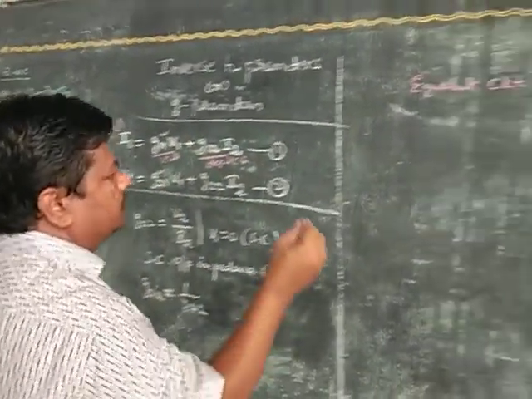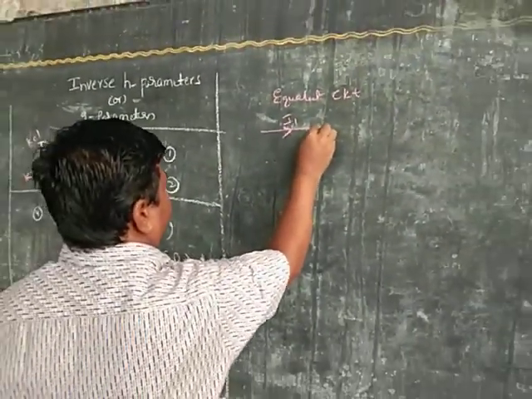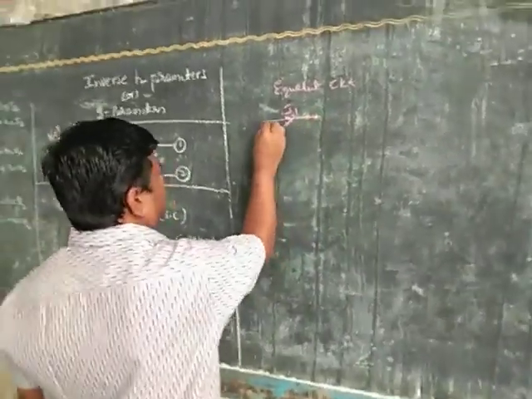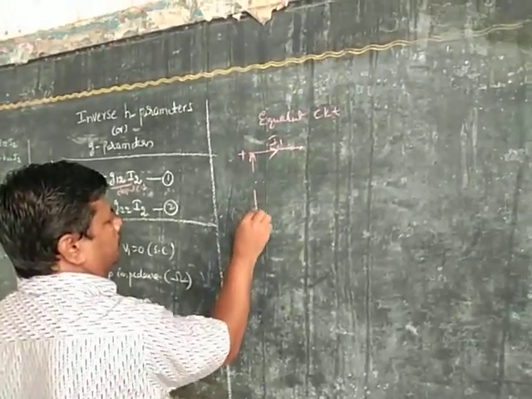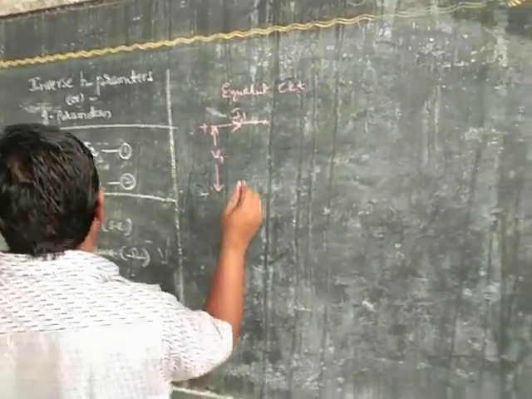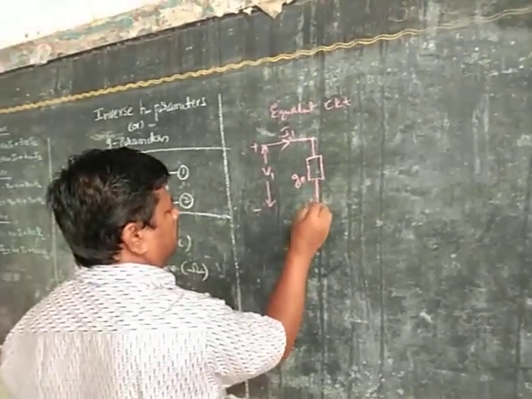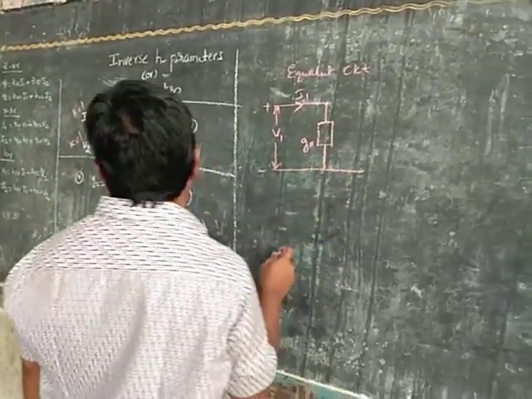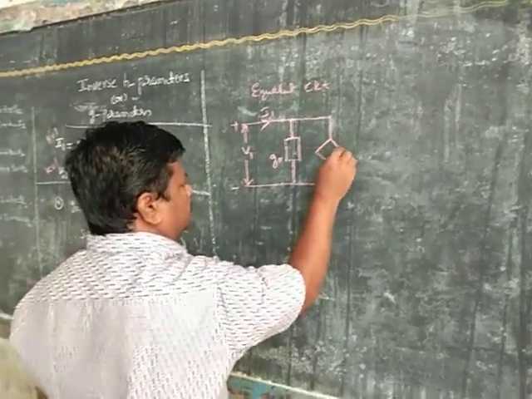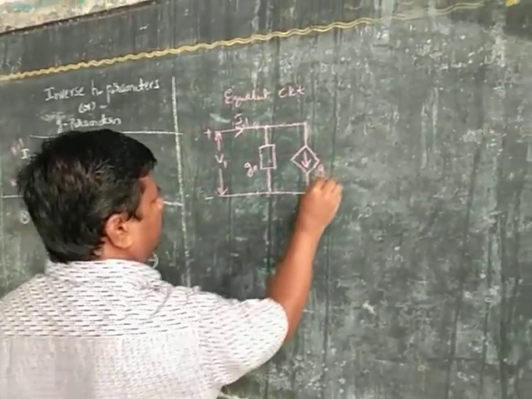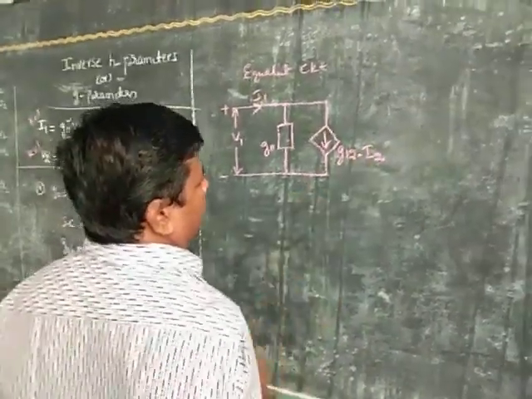Here it is I1 current, the voltage is V1 voltage, and this is G11, and another one is a current source G12, whose value depends on I2 current.